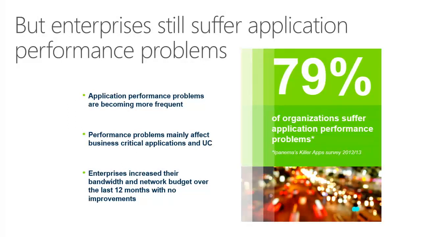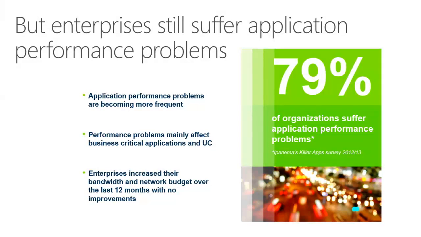People complain more about important applications anyway because they use them more. And of course, things like UCC and the key applications that you already run on your network have very stringent performance requirements, which means that it's easier for them to be perceived to be going wrong when new things occur in the networked environment or when you roll out a new application that increases the load on the network.